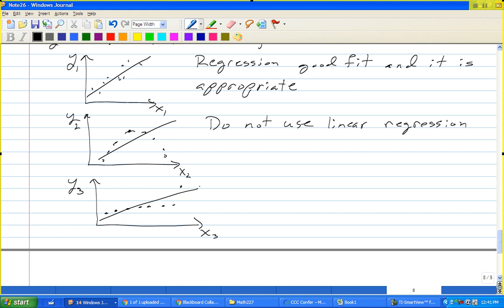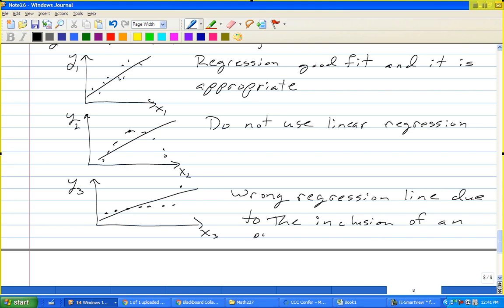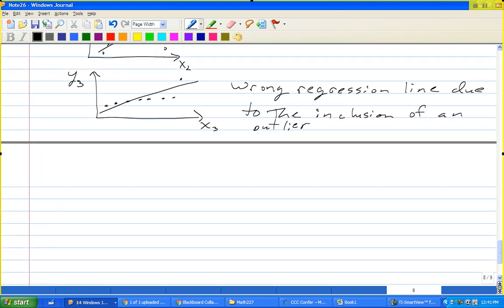And you did this regression line, so it's the wrong regression line due to an outlier. So unfortunately, this outlier gave you a wrong regression line.